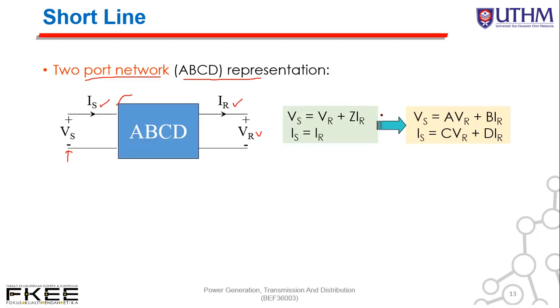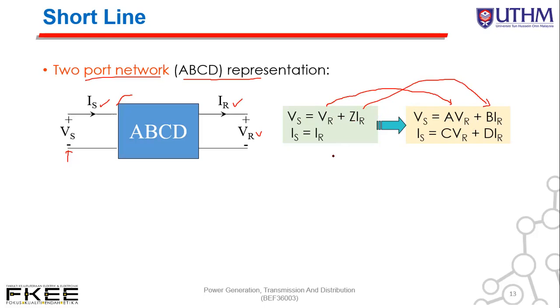This equation we can convert to the two-port network ABCD, simplified as: Vs equals AVR plus BIR. From here we know that A is equal to 1, and B is equal to Z.